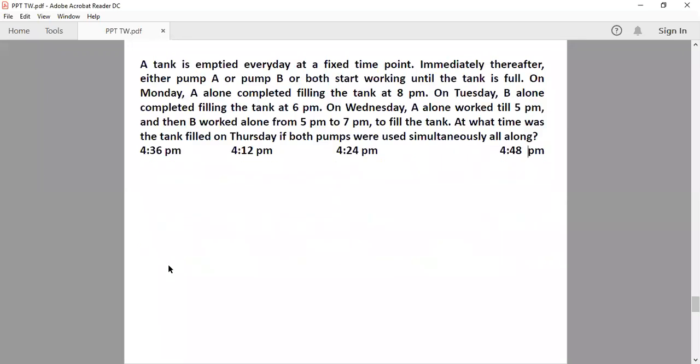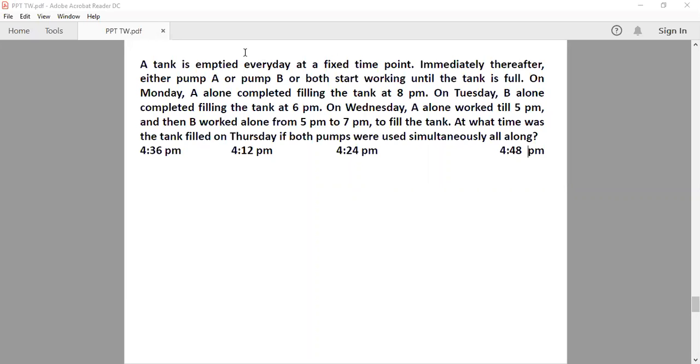Okay, so the same question is here. I just need some space, so I have written it down on this page. Okay, let us solve this now.